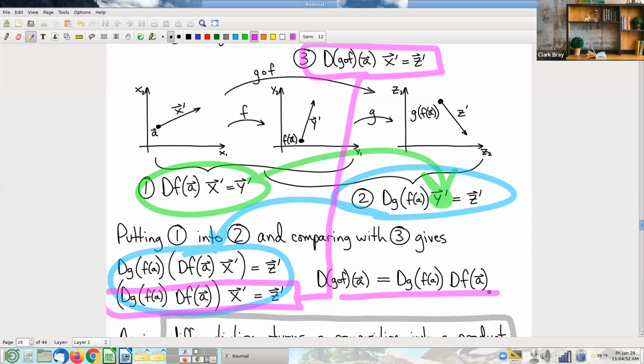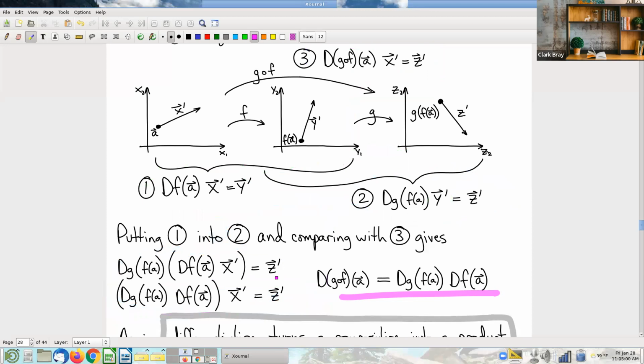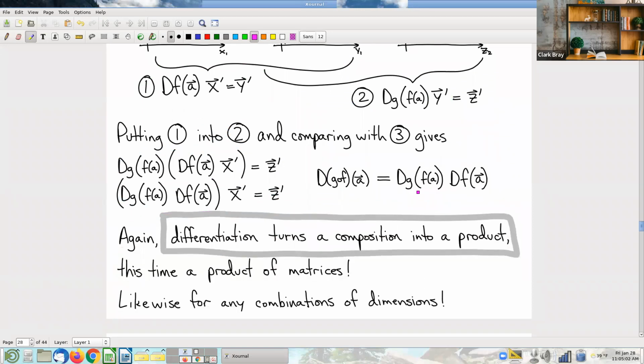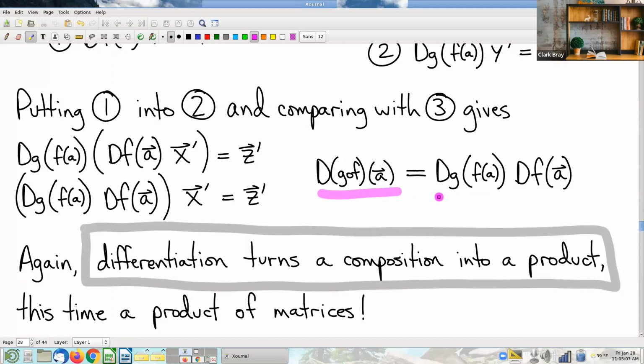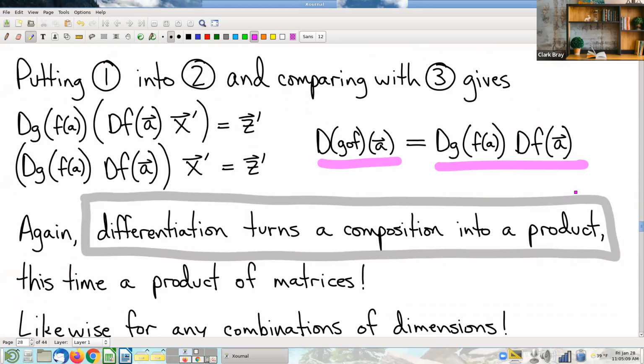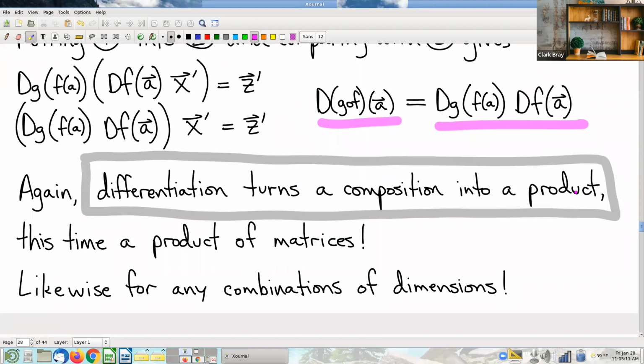And so look, highly analogous situation, practically identical argument, and morally equivalent punchline, which is that the derivative matrix of a composition is the product of the individual derivative matrices. So it's the exact same argument. And it even rolls off the tongue the same way: differentiation turns a composition into a product.